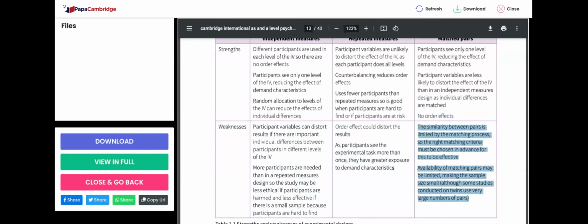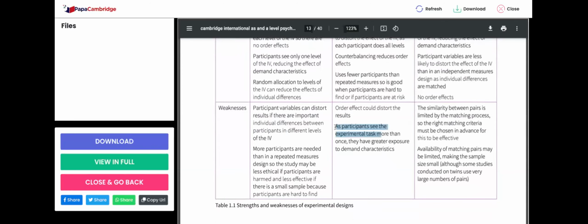Can you repeat the demand characteristics? I'm sorry, you're a little unclear. Can you repeat what you're saying? The demand characteristics. Right, the demand characteristics. Right, so it says over here.